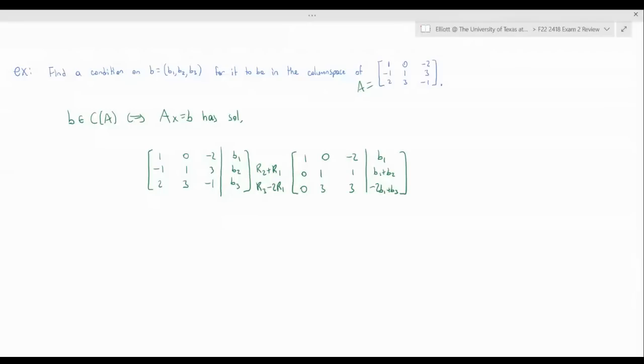So I did those two row operations, and then to get it to upper triangular form, we would do one more operation: row 3 minus 3 row 2 this time.